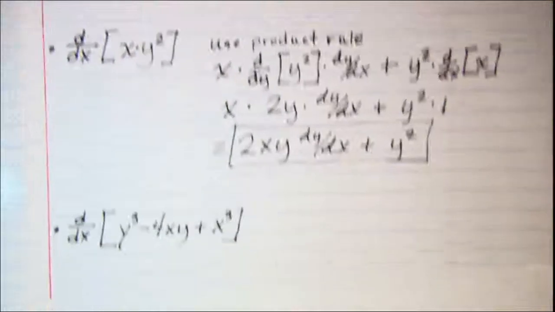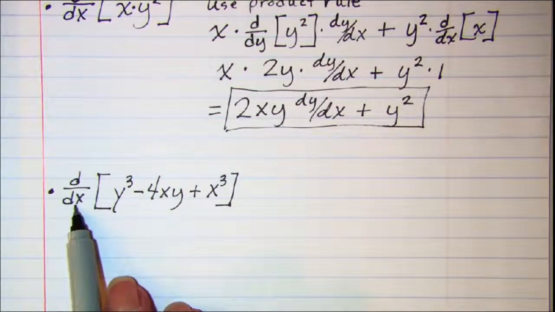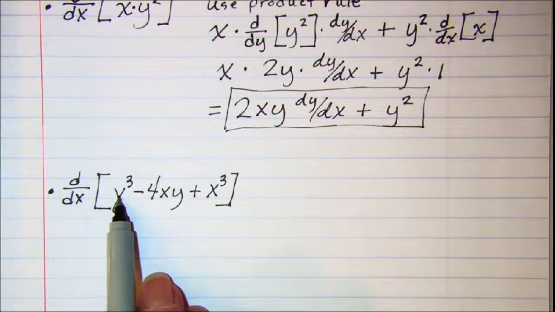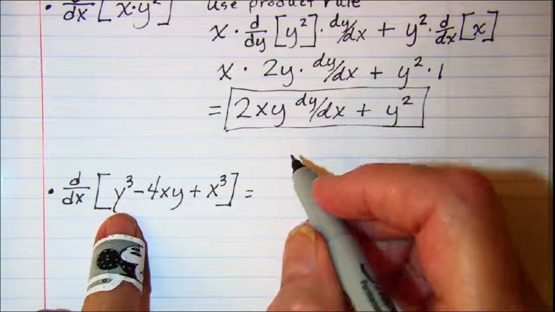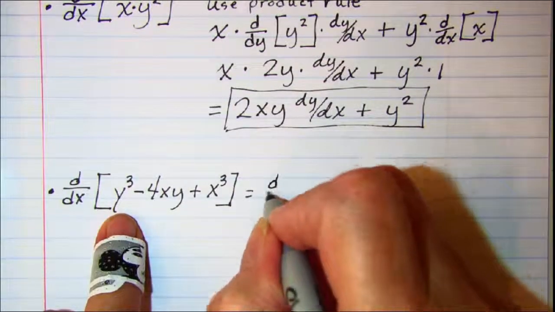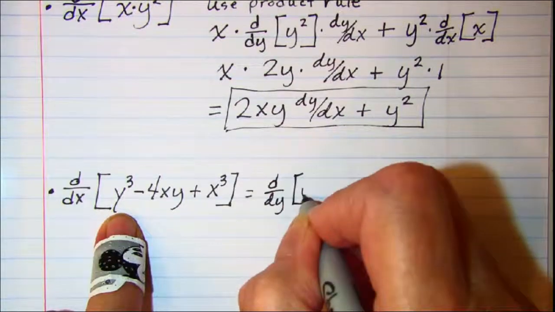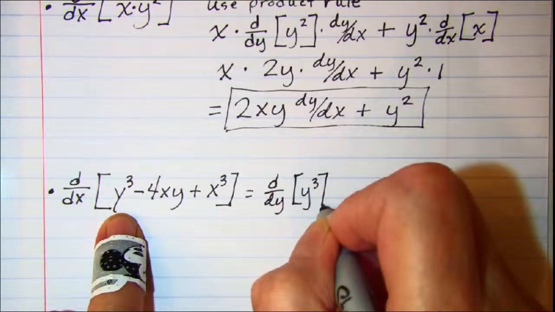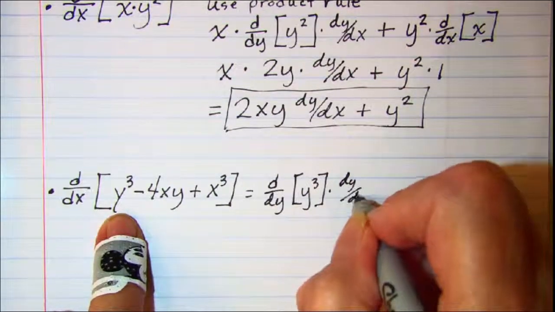Do one more. The derivative of our first term here with respect to x, this is a y term, so I need to use the chain rule on this one. So the derivative with respect to y of y cubed gets multiplied by dy dx.